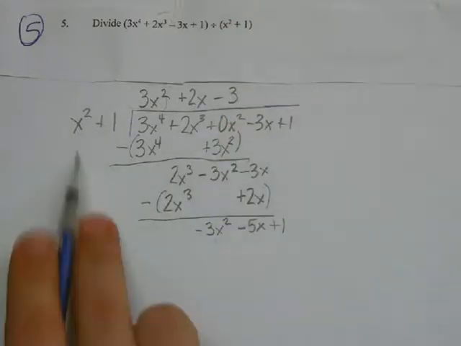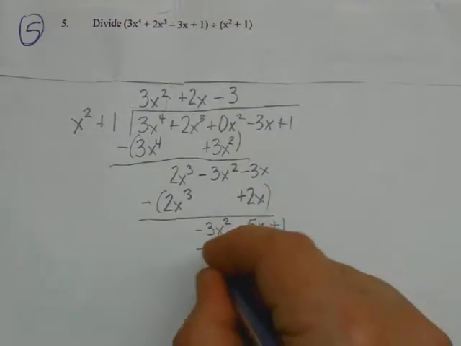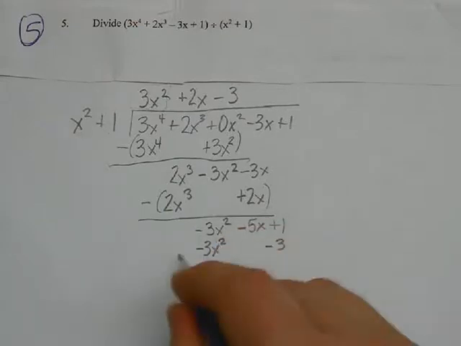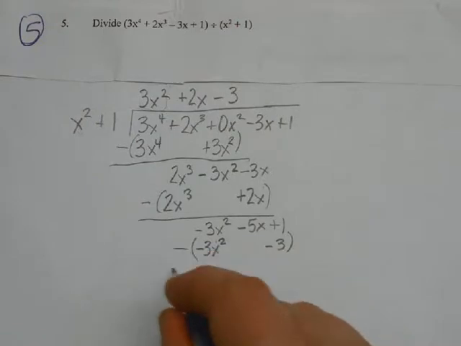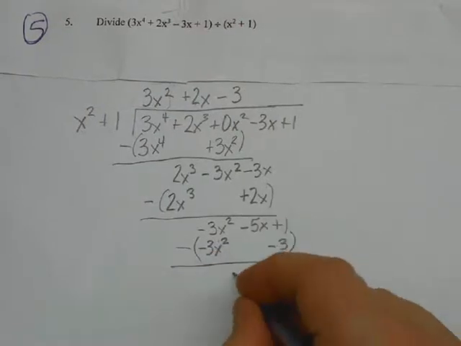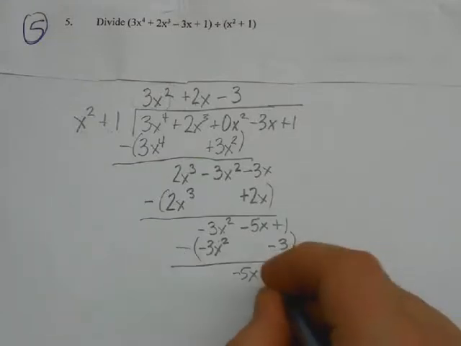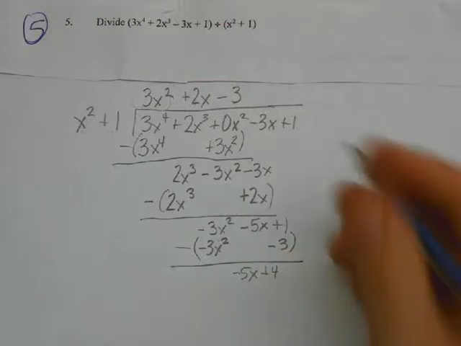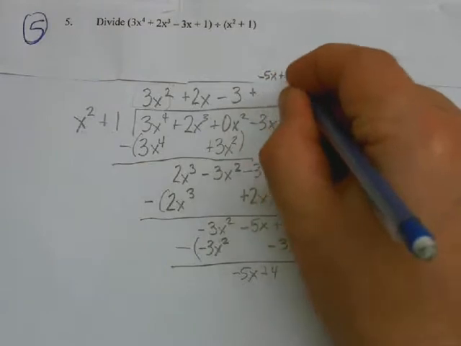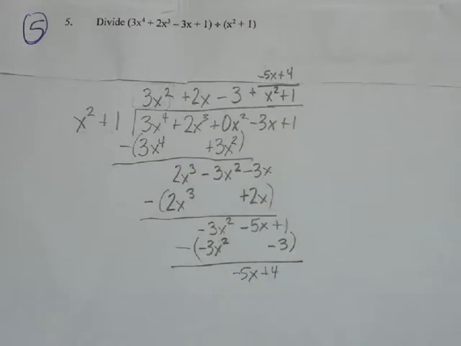So I multiply x squared plus 1 by negative 3. And I get negative 3x squared minus 3. And my remainder is going to be negative 5x, and then 1 minus negative 3 is 4. So then I write my remainder over the divisor. And that would be my answer.